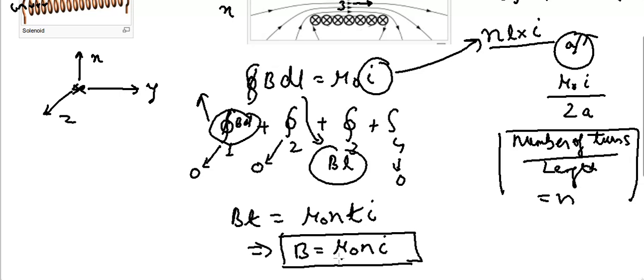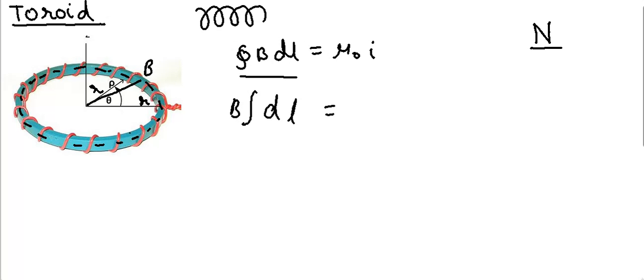But in the toroid, the formula I am deriving is in terms of capital N, which is the total number of turns. We'll see that both formulas agree once we derive it. I don't want to confuse you now, but here N is the total number of turns.